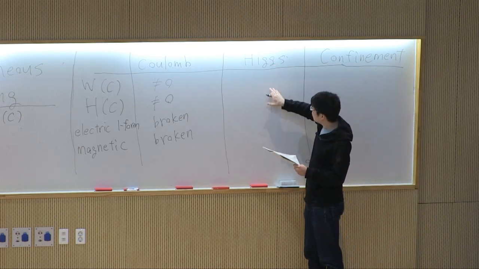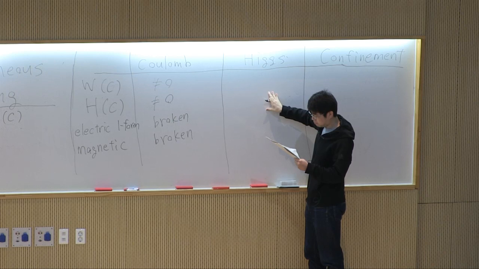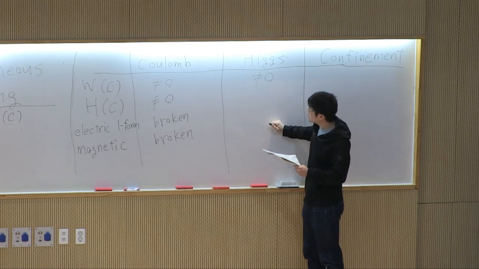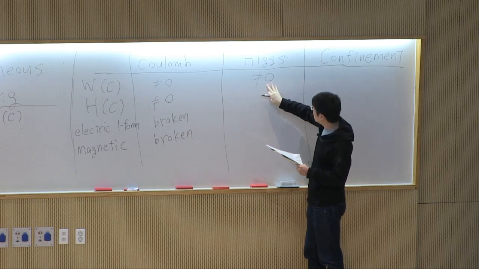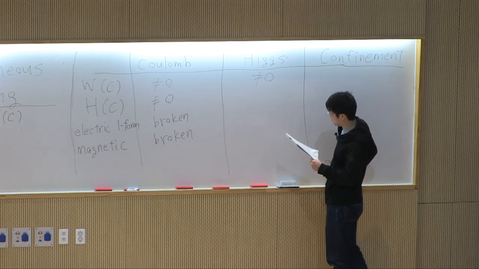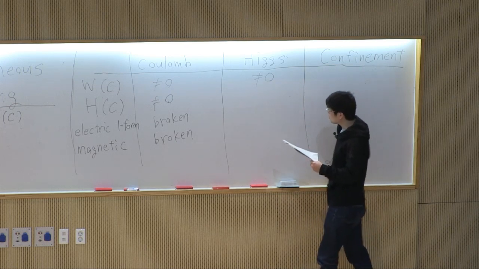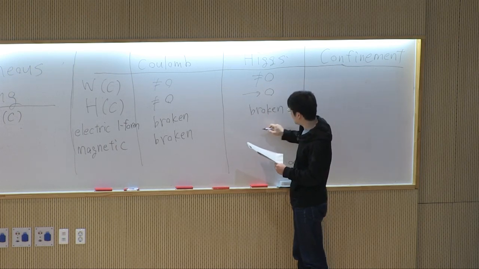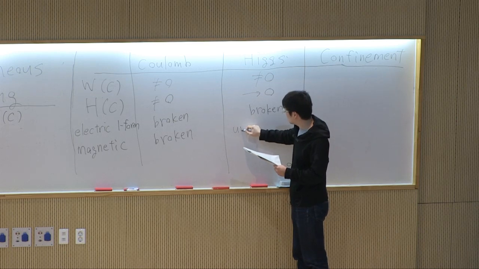And in the Higgs phase, this Wilson loop operator is non-zero up to renormalization. It shows something called the perimeter law. But this 't Hooft operator goes to 0. And then the electric symmetry is broken, and the magnetic symmetry is unbroken.